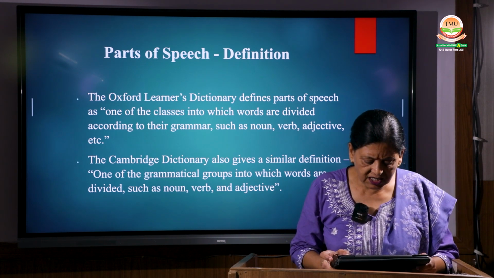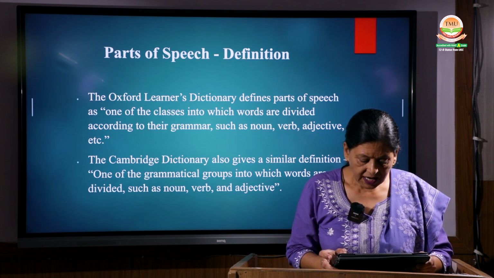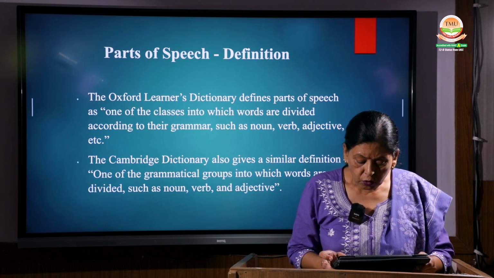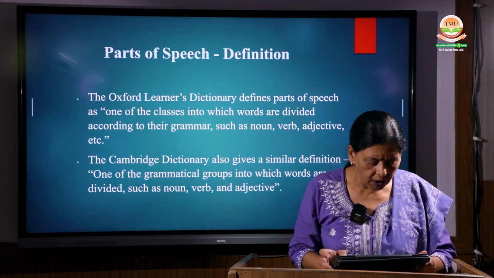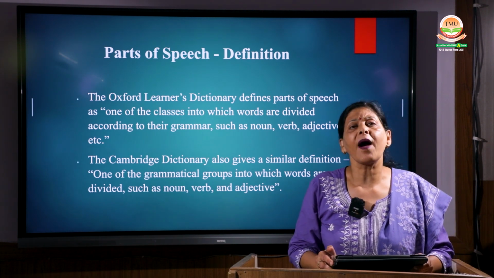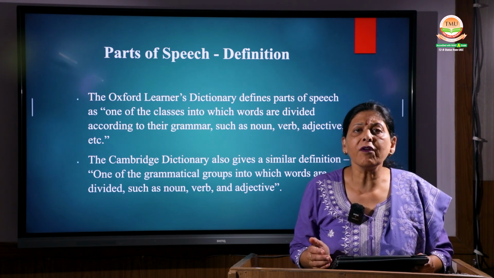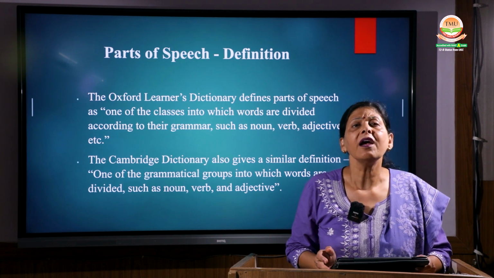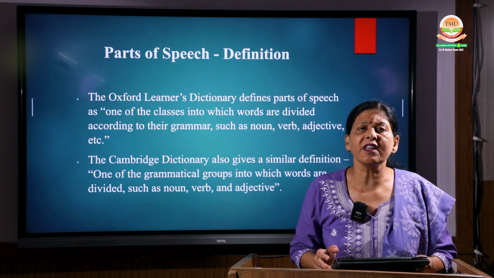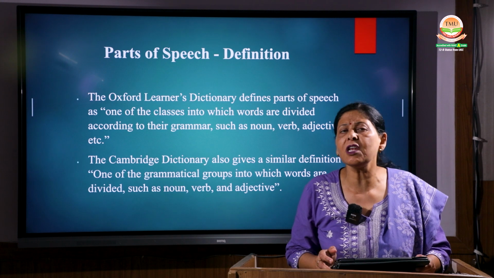The Oxford Learner's Dictionary defines parts of speech as one of the classes into which words are divided according to their grammar, such as noun, verb, adjective, etc. So it defines parts of speech as to know in which category the words are divided, which category the word falls in, and how it can be used in a sentence, as a noun or a verb or an adjective or a preposition or whatsoever.